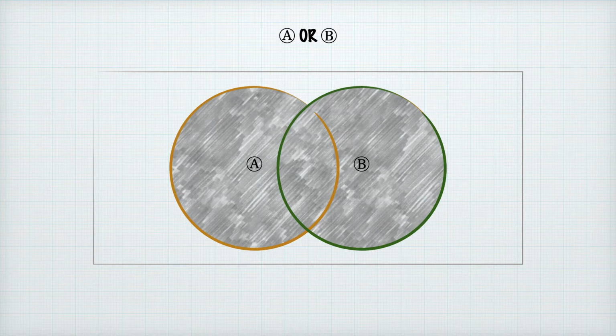It is sufficient for an element to satisfy one of the conditions A and B in order to be in this set. At the same time, it is also possible for an element to satisfy both conditions A and B. So you can see A and B, or A intersection B, is actually included inside this shaded area.